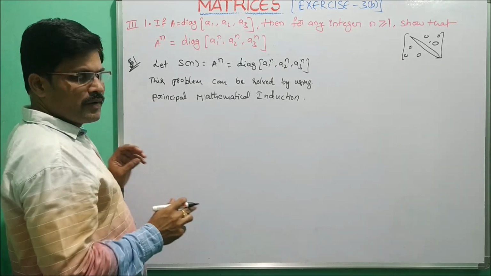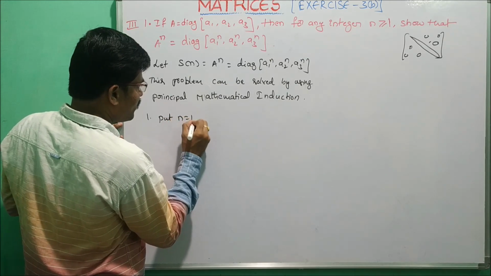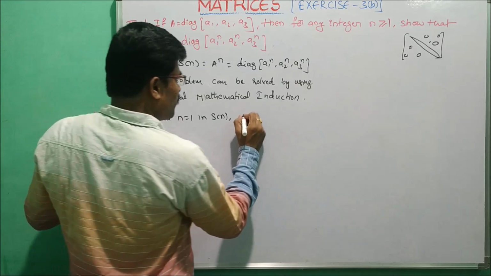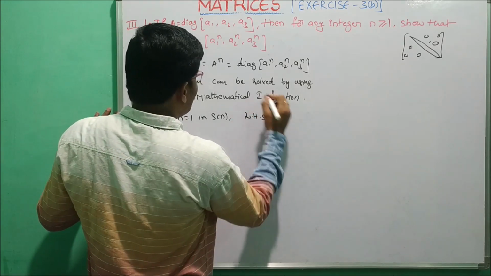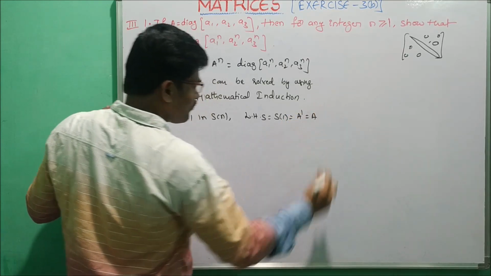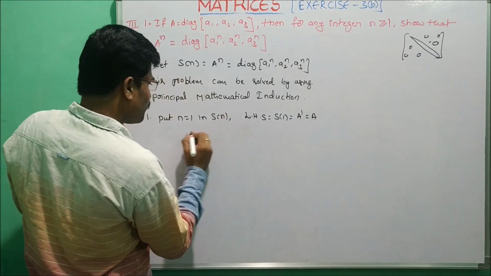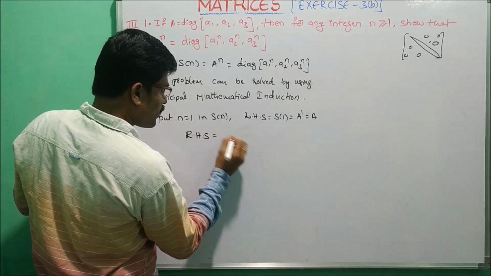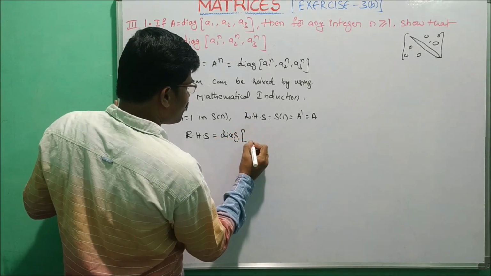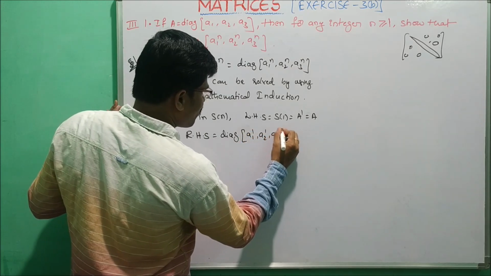So in that procedure, the first point is to put n equals 1 in S of n. So LHS equals S of 1, which equals A power 1, that equals A. And RHS equals the diagonal matrix a1 power 1, a2 power 1, a3 power 1.